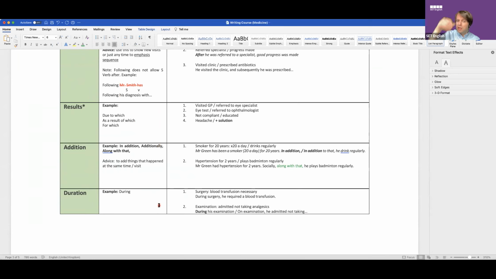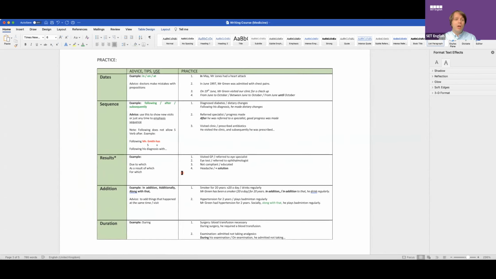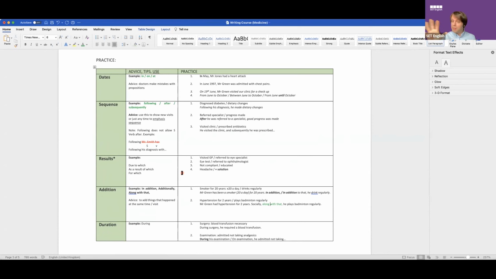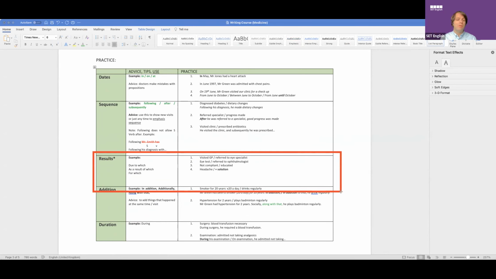Try to use addition. You will probably always need addition. But the one that's really tough is results. I'm rushing a little bit because I want us to focus on results, because that's where most of the mistakes happen.